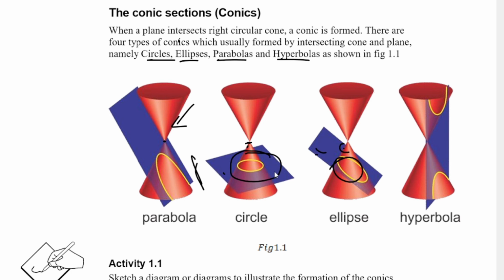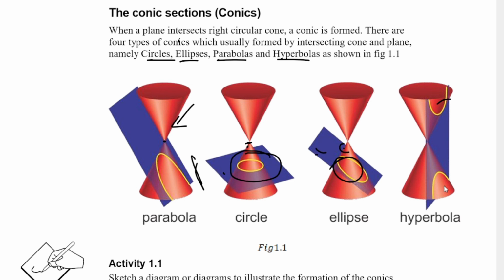Now let me talk about the hyperbola, then I'll come back to the parabola again. The hyperbola is formed when the plane, so this is the plane as usual, but in this case, the plane cuts both of the double napped cones. So it cuts the top part, it also cuts the down part here.